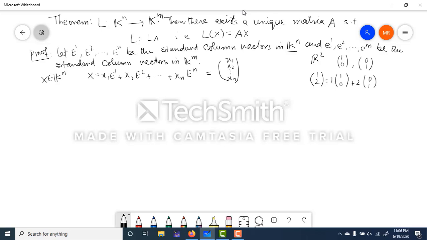Exactly the same case here, that we can write this vector x from these coordinate vectors.